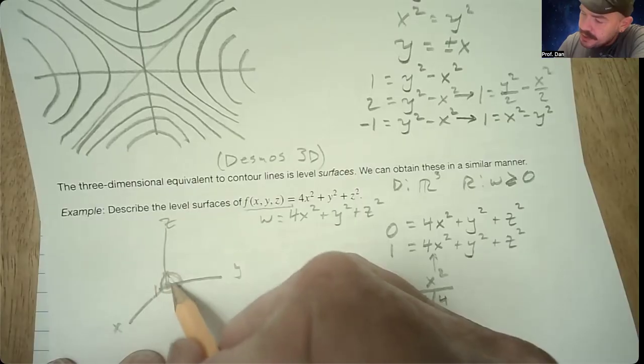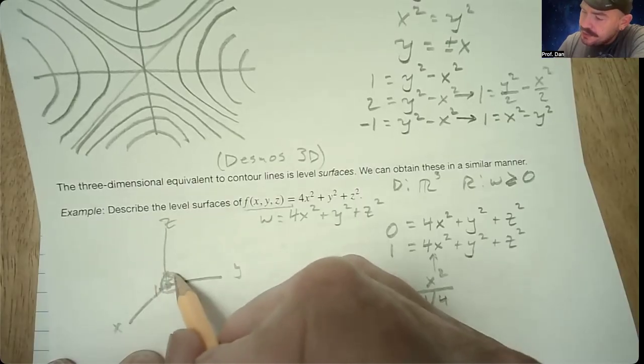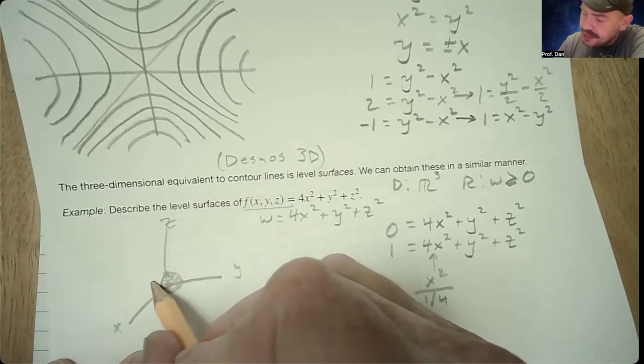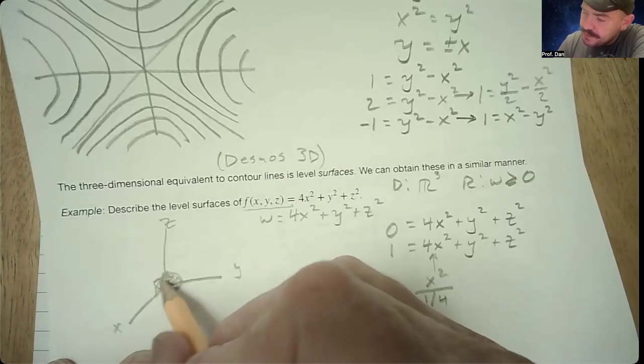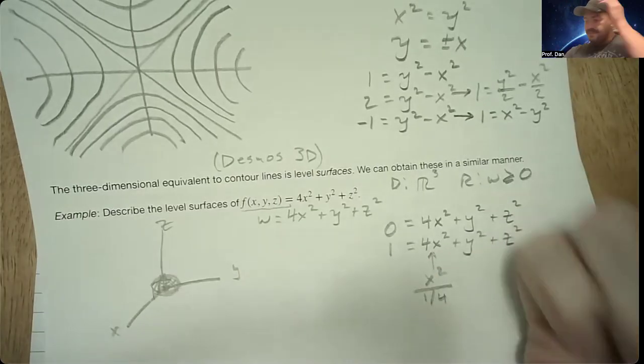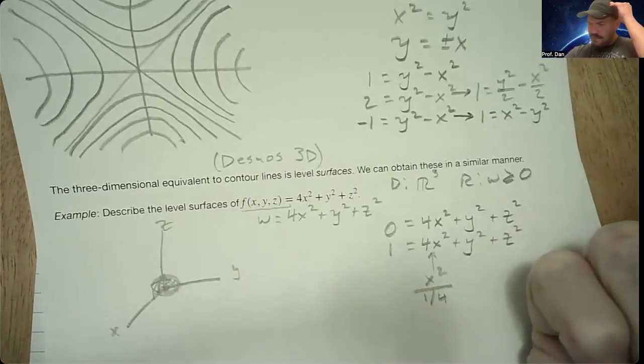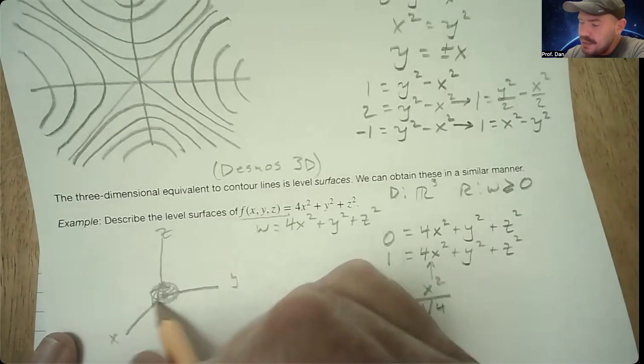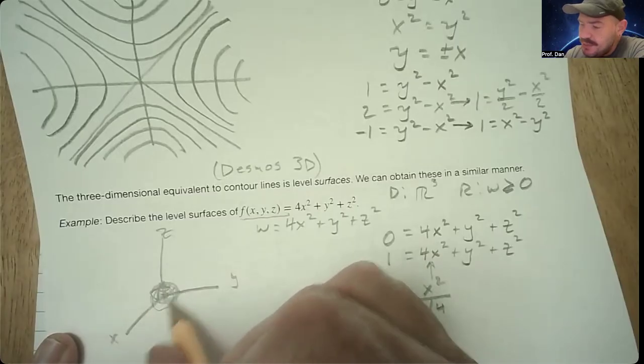So far we have an ellipsoid, specifically a semi-ellipsoid, right? Actually, no, it's not a semi-ellipsoid, it's a whole ellipsoid. My bad. So it's both the top and the bottom part.